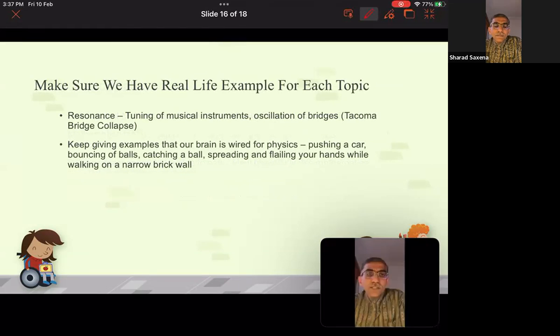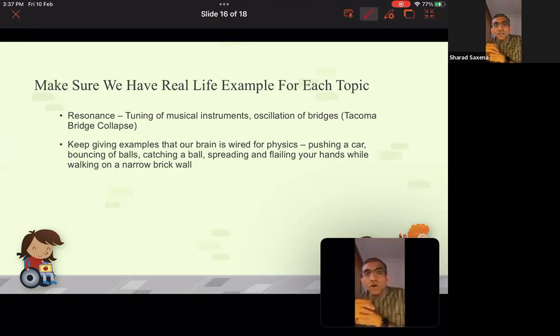Another thing is, the science teachers should give real life examples of whatever they are teaching. I've just picked up one small thing called resonance. We can talk about the tuning of musical instruments. All these musicians will be tightening the strings and doing so many other things, because they want all the musical instruments to play in harmony.